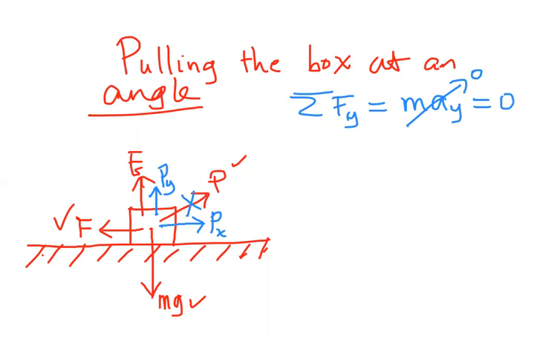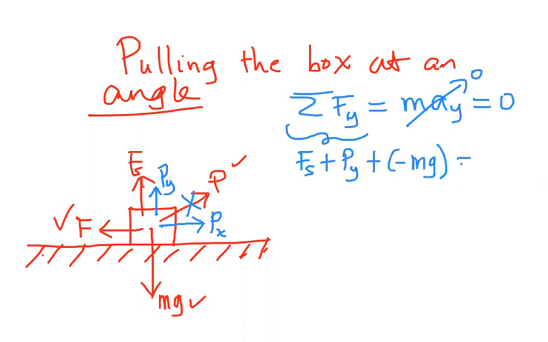And then I can actually say, what is the sum of the forces in the y direction? Let's start with Fs. Fs acts upward, so it will have a positive sign, Fs, plus I see Py. Py acts upward, so it will be Py the way it is. Then I see Mg. Mg acts downward, so it will be minus Mg.